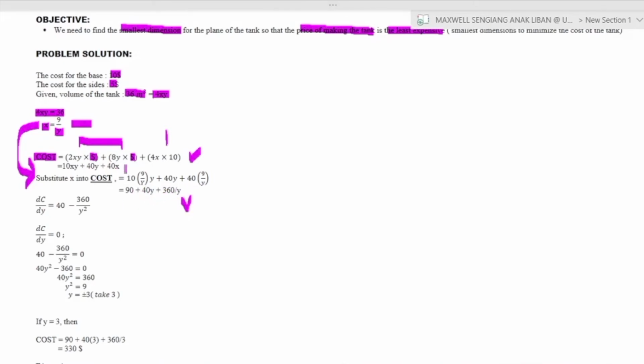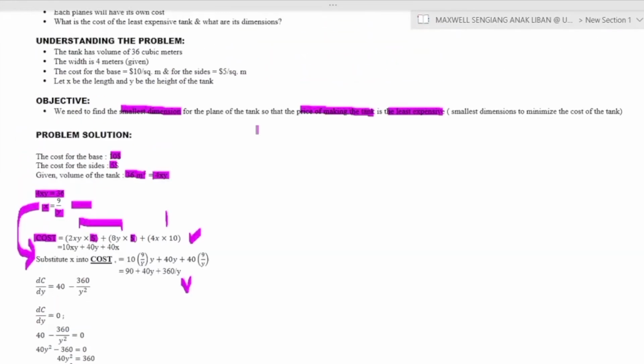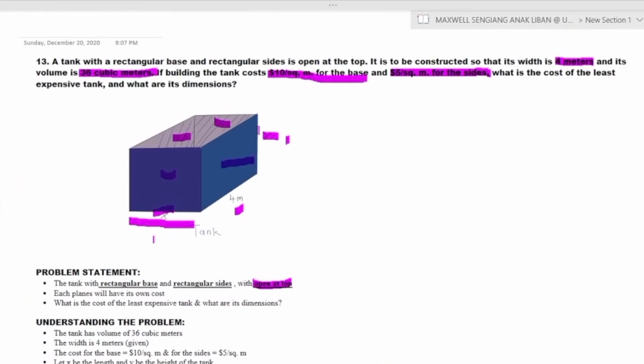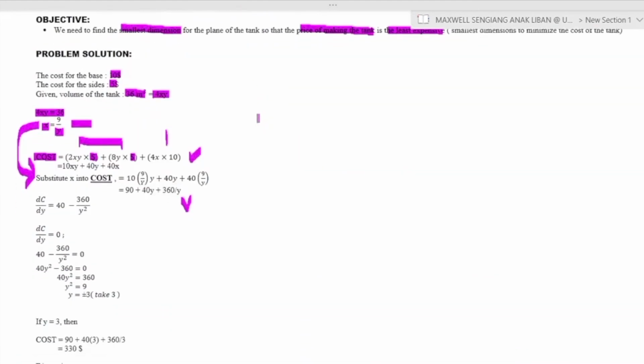y. Then how do we know we get the least expensive cost of making the tank? We need to differentiate the cost so that we get a critical point where the price is the lowest. So here is dC over dy. How do we get 40 minus 36 over y squared?